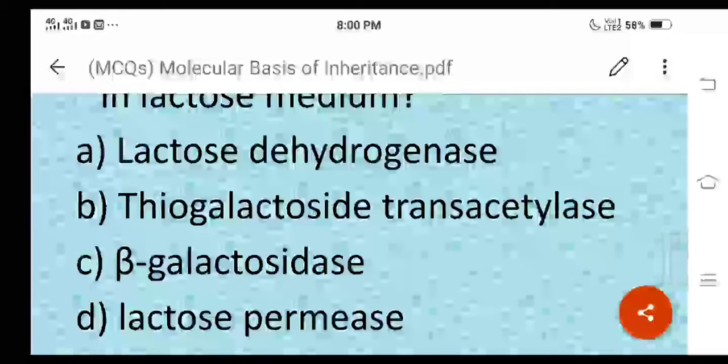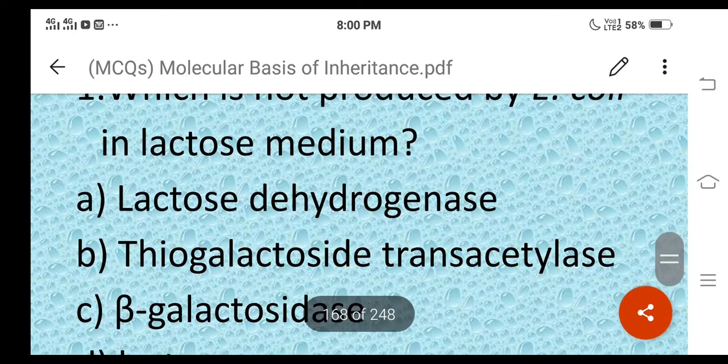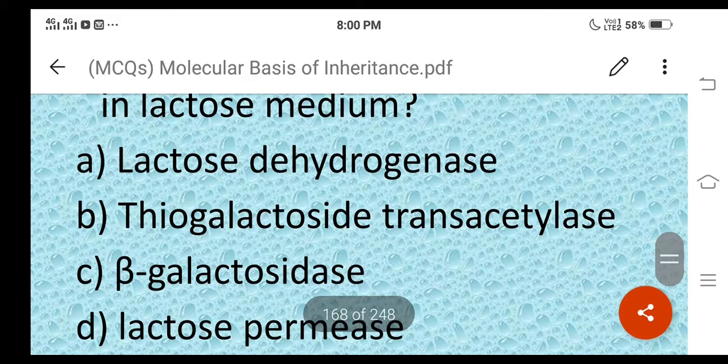Remember, when the lac operon is switched on, three different enzymes are produced from the structural genes. Those three are the enzymes mentioned in options B, C, D. They are correct. A is not produced here. Lactose dehydrogenase is not produced.